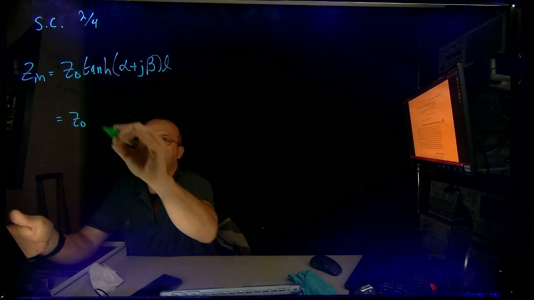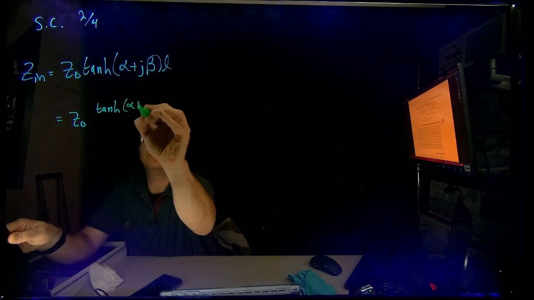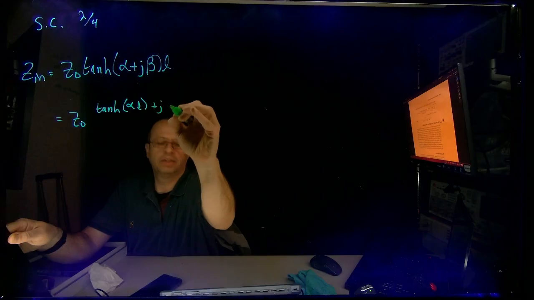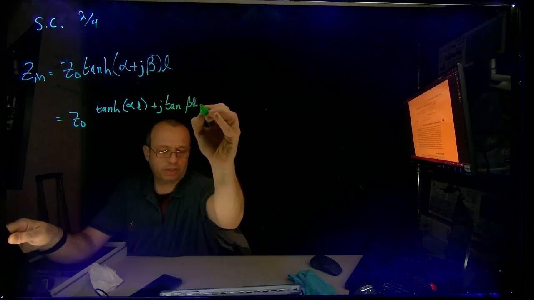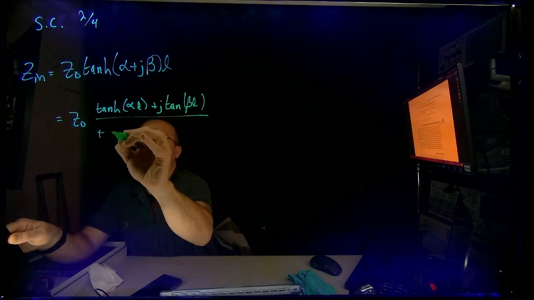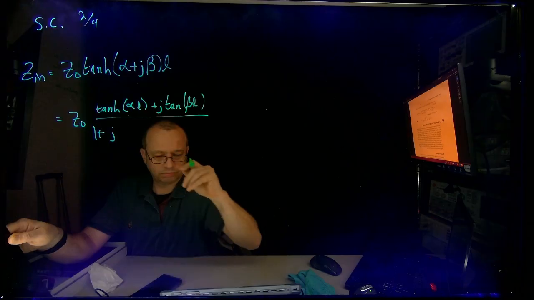So this is hyperbolic tangent of alpha L, plus j tangent beta L, and then this is over 1 plus j. Oh, sorry.